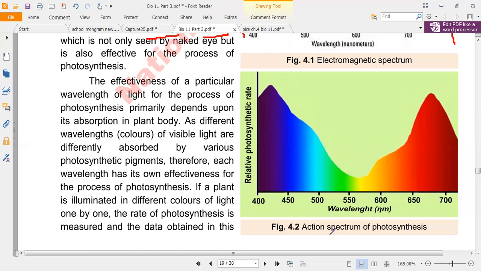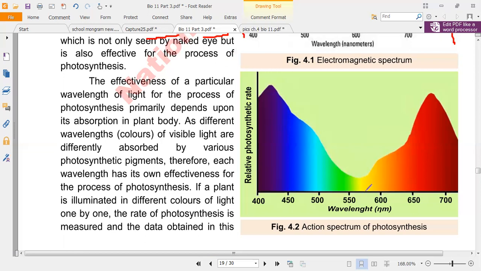So a graph which shows the effectiveness of different wavelengths of light for the process of photosynthesis is called the action spectrum.